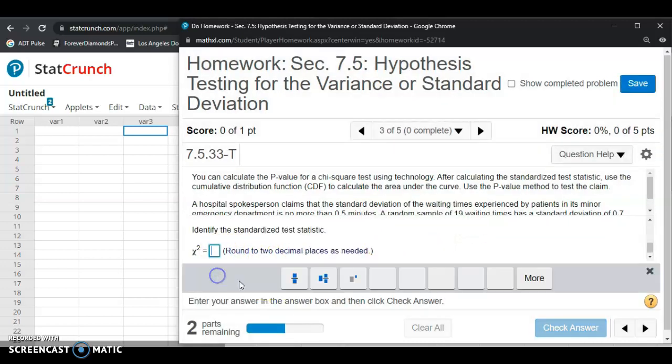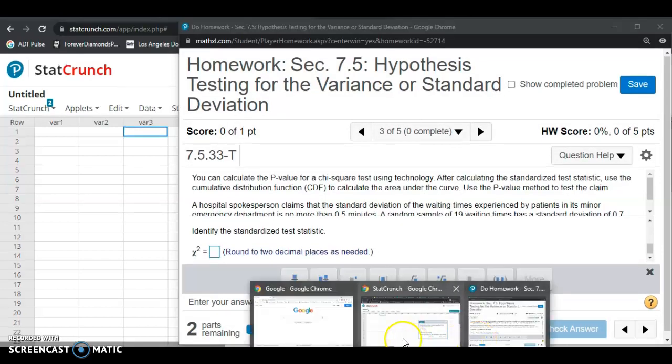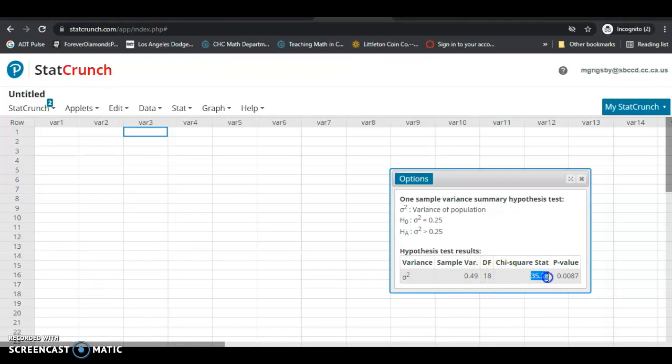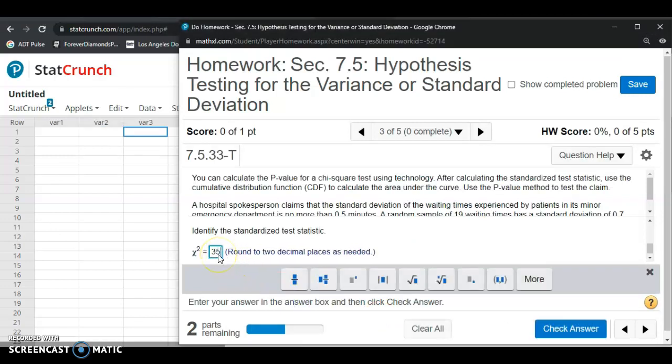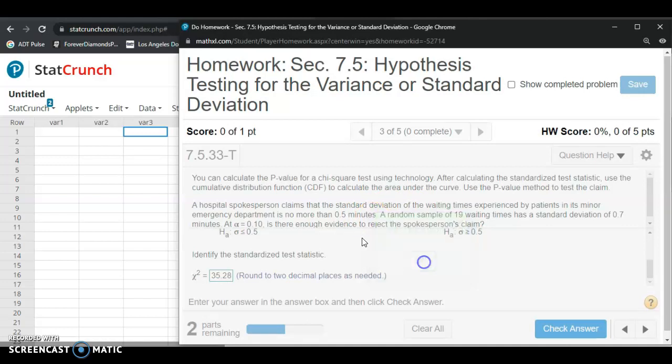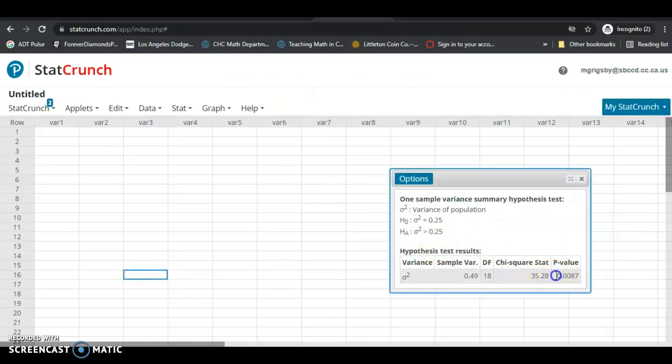Okay, then we need the test statistic, which is 35.28. Okay, and then the p-value, which is 0.0087.